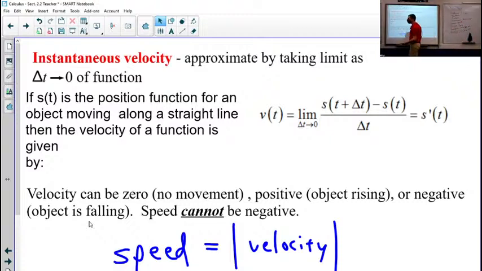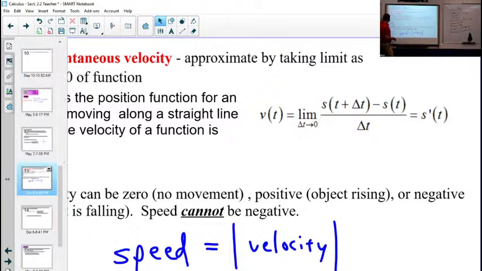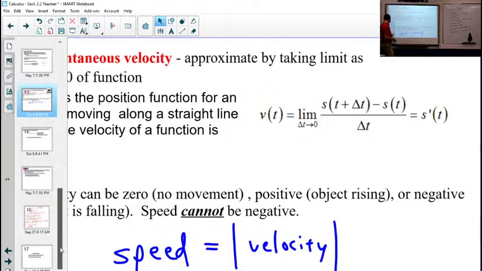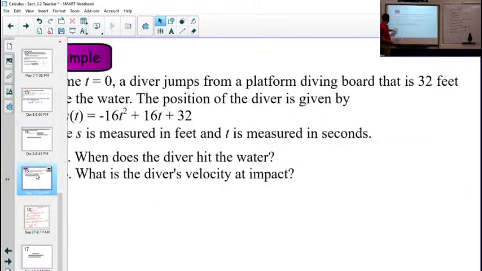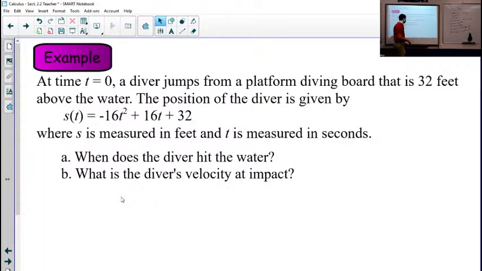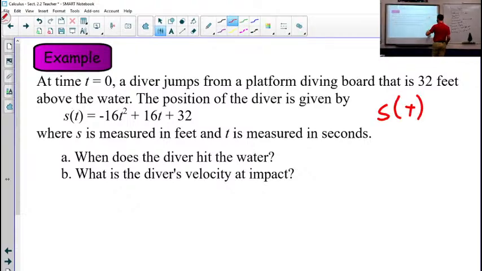But the main thing you need to know is that the derivative of position is going to be velocity. The derivative of velocity is going to be acceleration. Say that again. The derivative of velocity is acceleration. So the order goes position into velocity into acceleration.